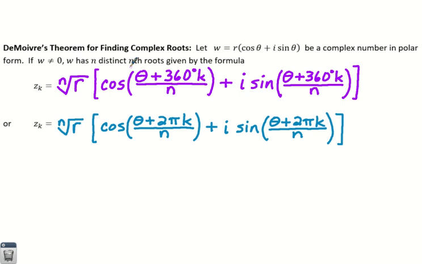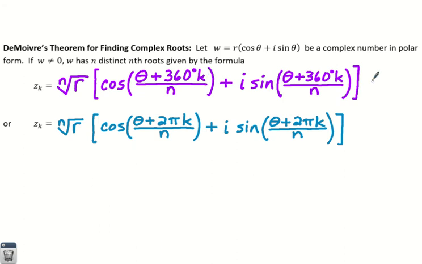Okay? So it kind of says right here, there are n distinct nth roots. That's where the k comes into play. If I ask you to find all of the fourth roots, you're going to have to do this formula 4 times. But each time you're going to be plugging in the same n, the same r, the same theta, but a different k value for each of the different fourth roots or whatever roots.